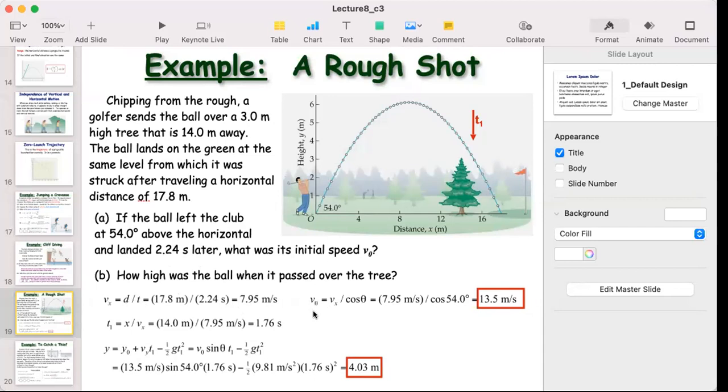Now, the initial velocity is equal to Vx divided by cos theta, because we know that Vx is equal to V naught cos theta. Theta is our 54.